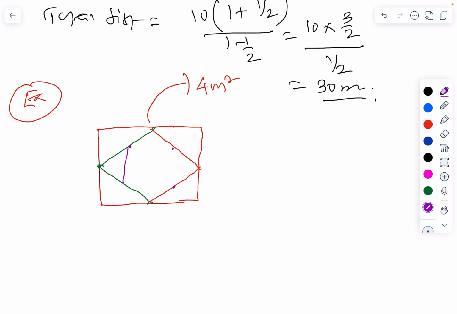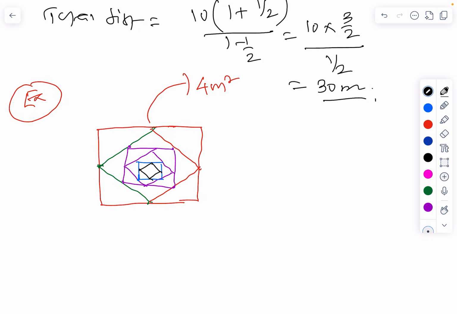So like this. The next square you get by joining the midpoints of this one. The next square is also there by joining the midpoints of this one, like this, and the next by joining the midpoints of this square.